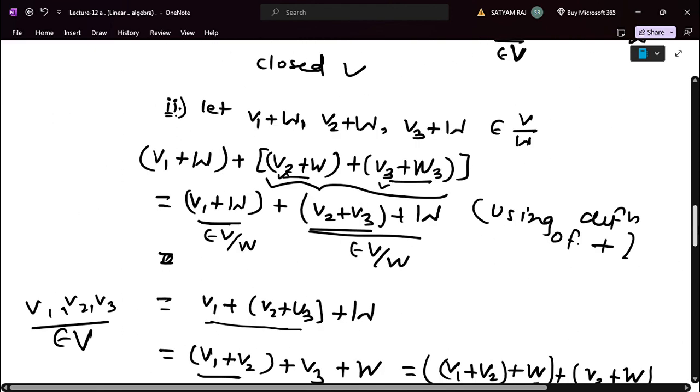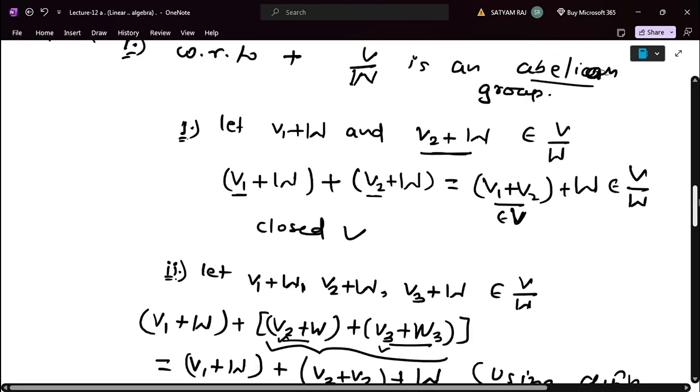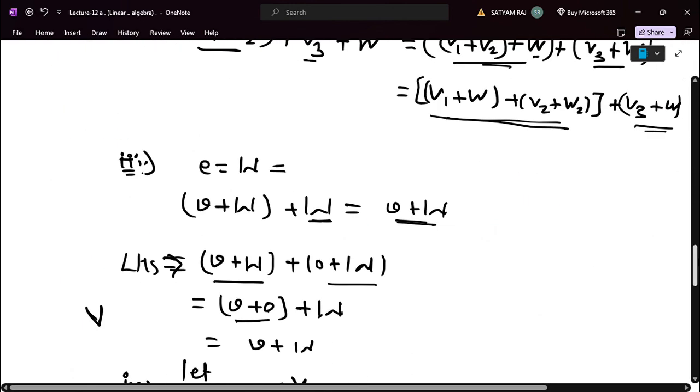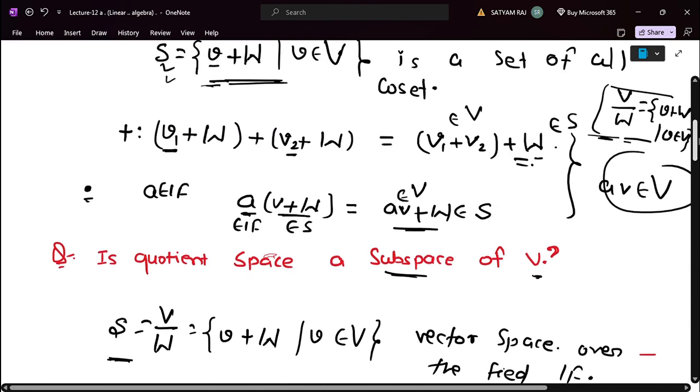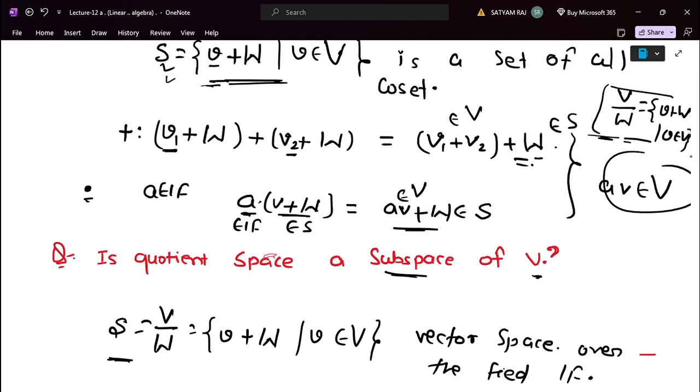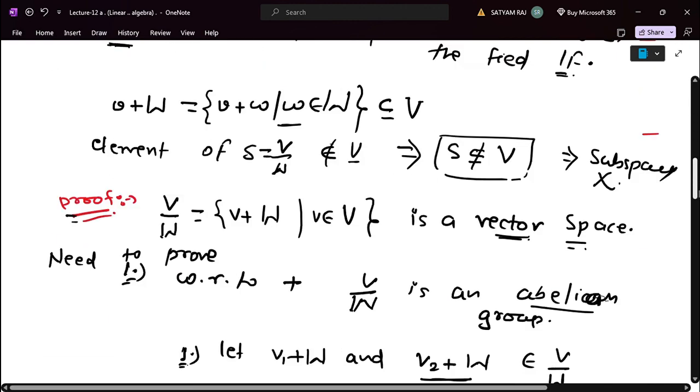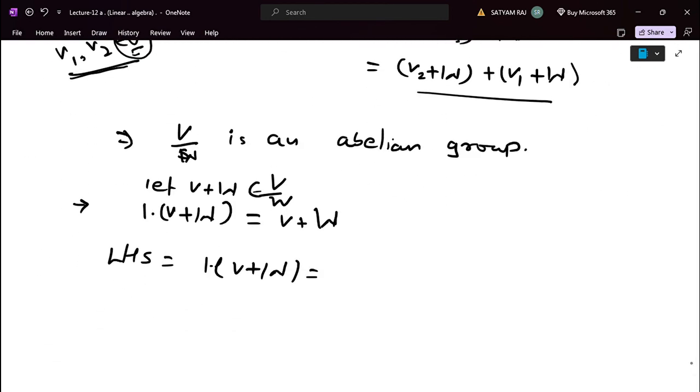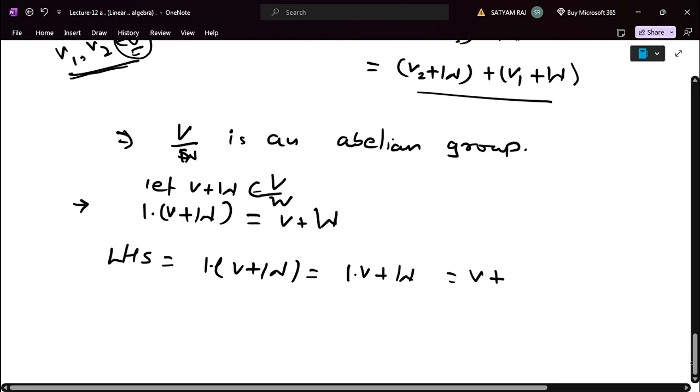And how we define dot, we can see here: we have defined dot for any field member and any element of V by w, so we have multiplied a to v plus w. In a similar manner we will do here. So it will be 1 into v plus w, and 1 into v is v, so v plus w. We know that. So we get the RHS.